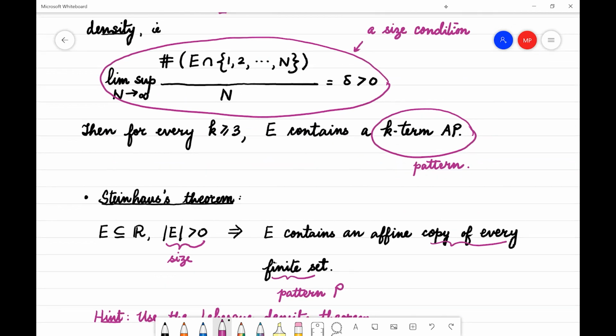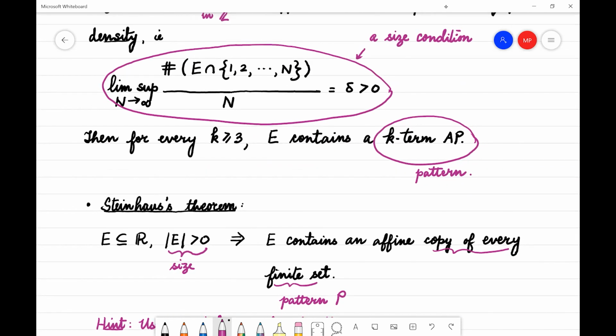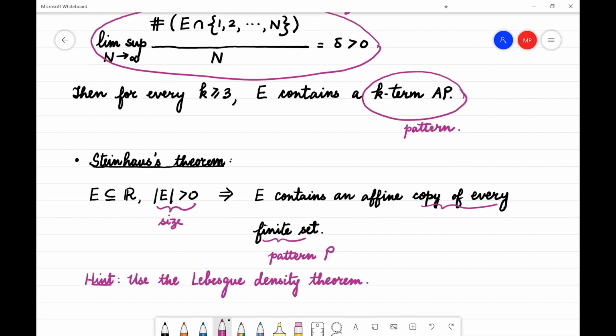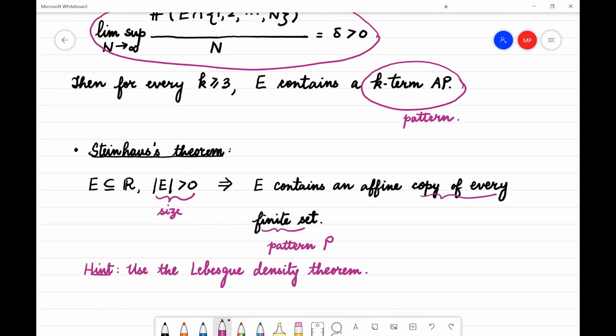Oh, I see. So Szemerédi's theorem is a result in combinatorics and number theory, Steinhaus is a result in real analysis. So that's a different level, right? So the Szemerédi theorem, I think it's pretty high level, but yes. So these two are not at the same level. However, thanks for bringing this up.